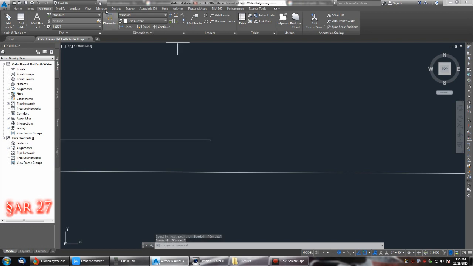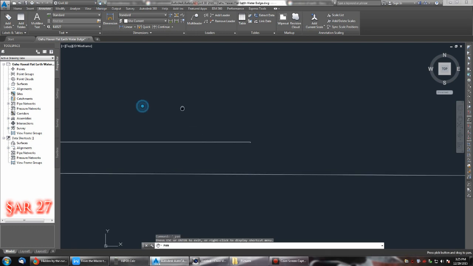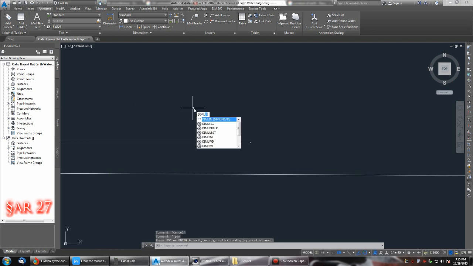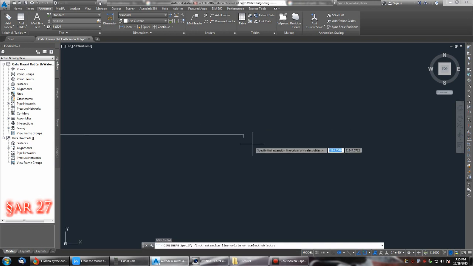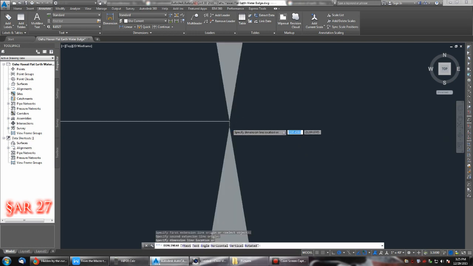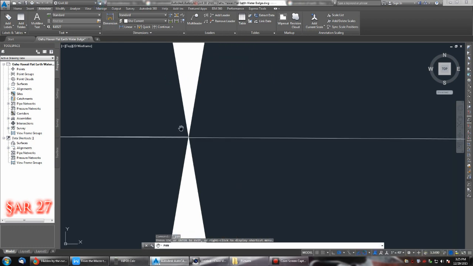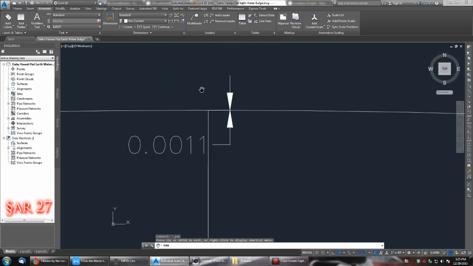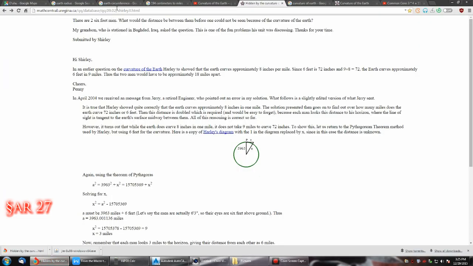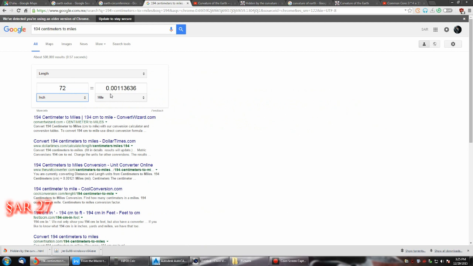Now, I'm going to put a dimension on it. Dim linear. I'm just going to leave it there. To verify, that's 0.0011. 72 inches is 0.0011 miles.